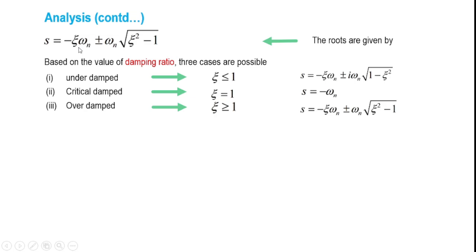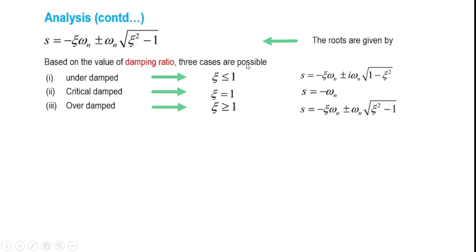Writing down the roots of the characteristic equation, we have the two roots given by s equal to minus zeta omega n plus or minus omega n into square root of zeta square minus 1.